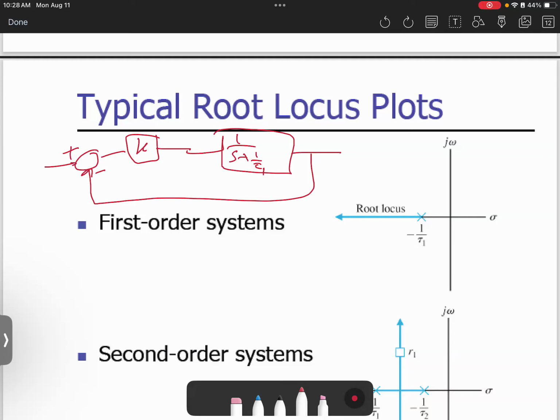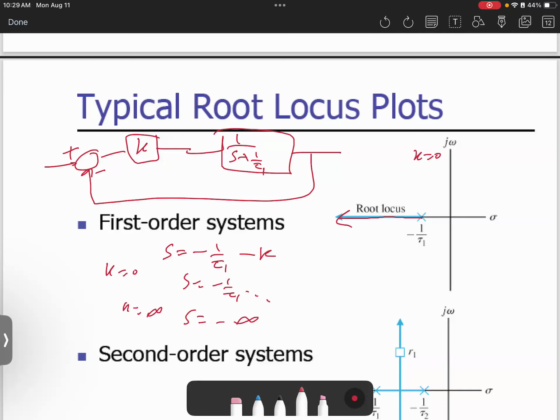By changing the values of K, we will realize that the closed loop pole is s equals negative 1 over tau times 1 minus k. So when we start from k equals 0, it is s equals negative 1 over tau. Then if k equals infinity, this yields s equals negative infinity, so the pole keeps moving in that direction.